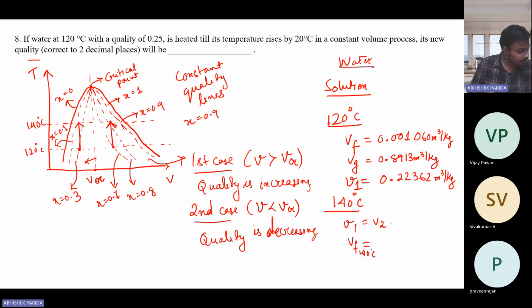All this I am seeing from table A4, table A4 of the steam tables. So Vf I'm getting 0.001080 meter cube per kg. Vg at 140 degrees Celsius is 0. How much?